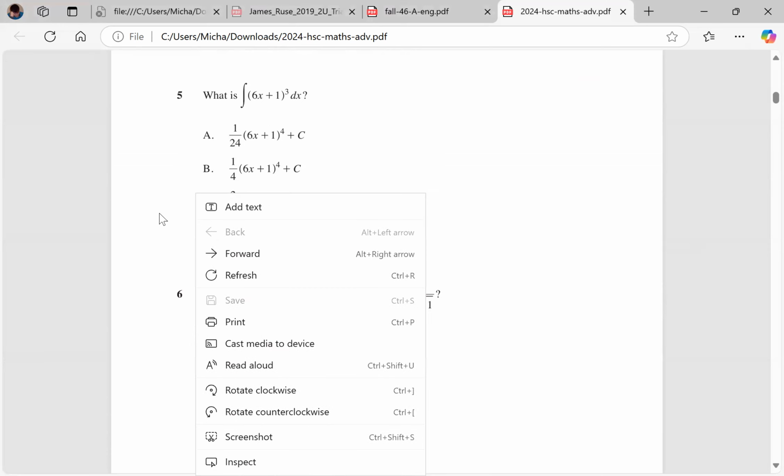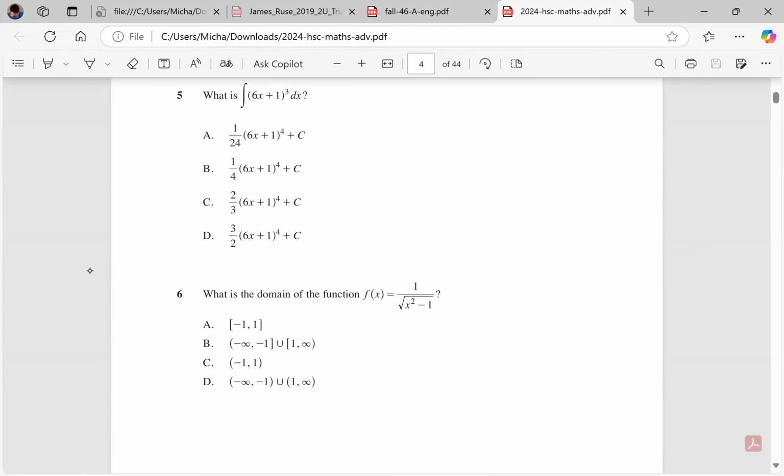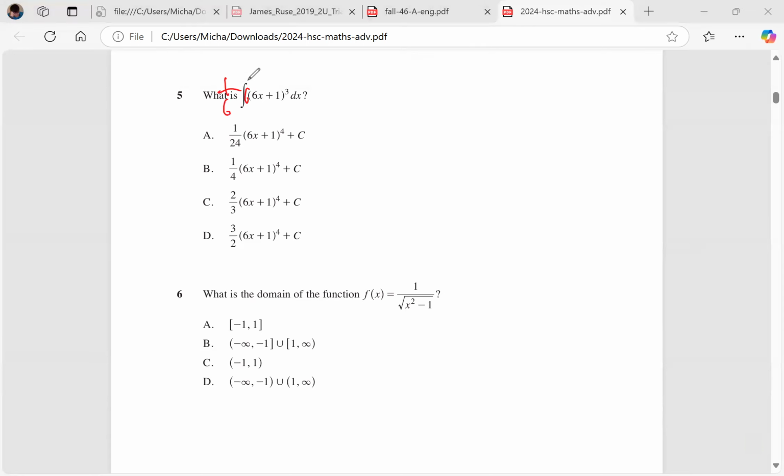What is the integral of (6x plus 1) cubed? So remember, the derivative of 6x plus 1 is just 6, so you can really easily achieve that by dividing by 6. So if you times this by 1 over 6, then you have the derivative right there.